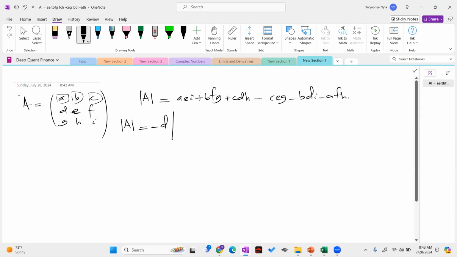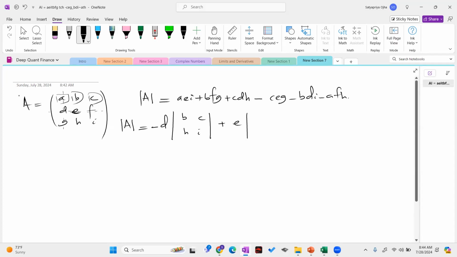Then the determinant after covering the row and the column involving D. What are you left with? B, C, H, I. If the first one is minus, you don't have to worry, the second one will be plus, right?